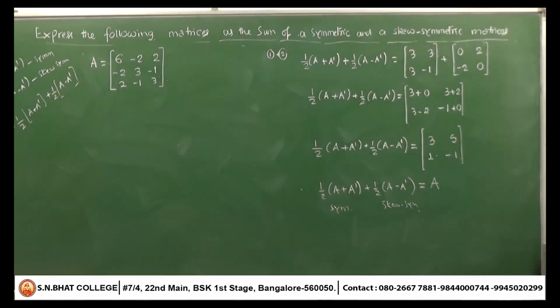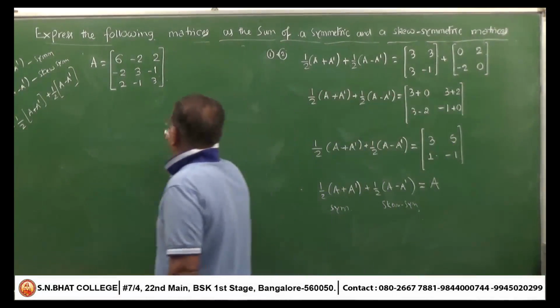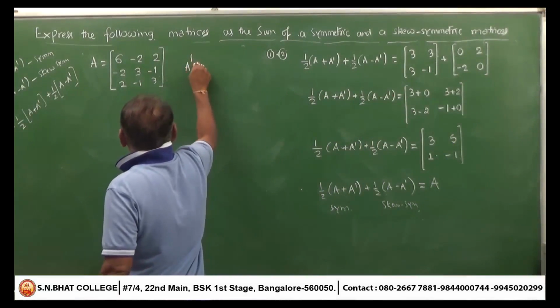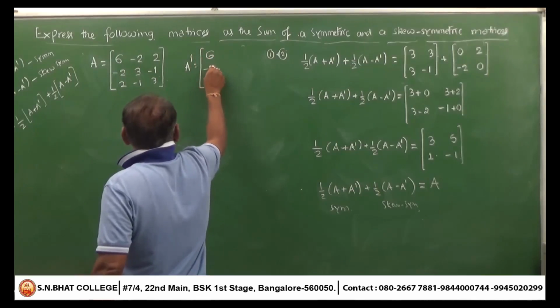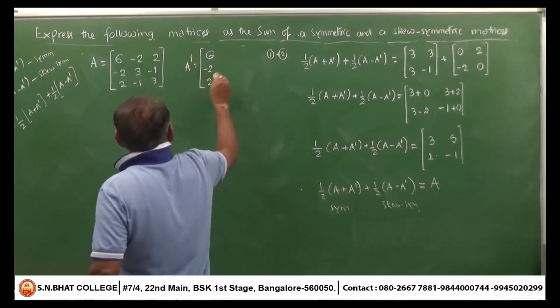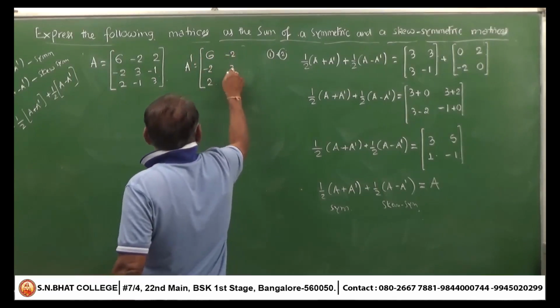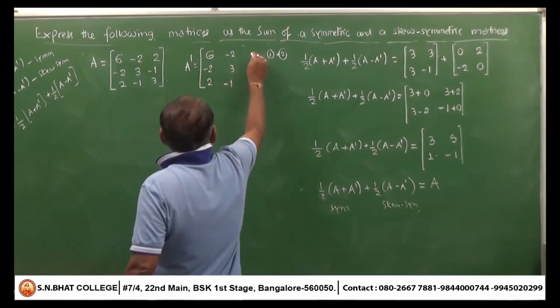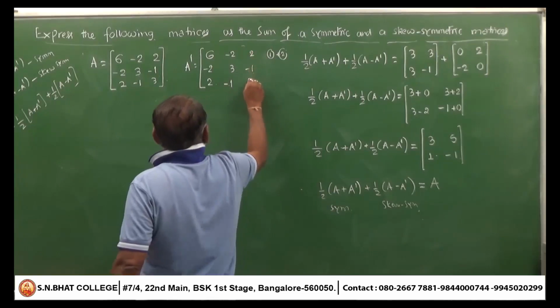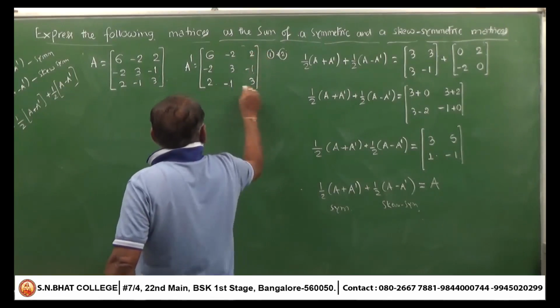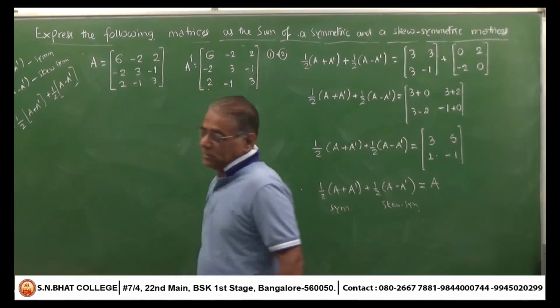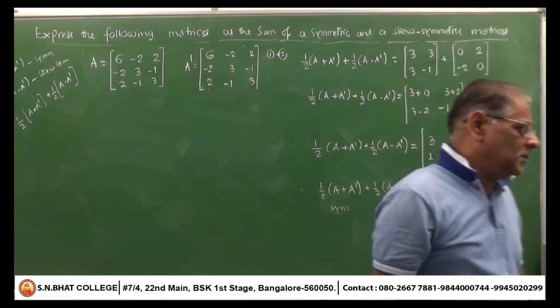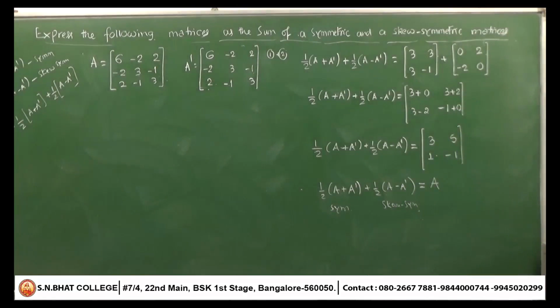First you have to calculate A transpose by interchanging of rows and columns. A transpose is 6 minus 2, 2; minus 2, 3 minus 1; 2 minus 1, 3. Calculate A transpose.